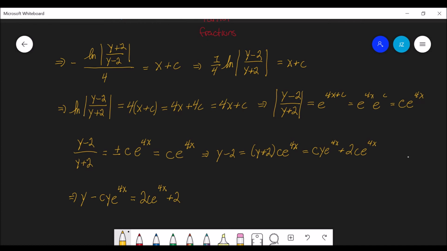And of course, this 2c is a constant, so I can just write it as c e to the 4x plus 2. Now if I factor out a y, we get y times (1 minus c e to the 4x) is equal to c e to the 4x plus 2.